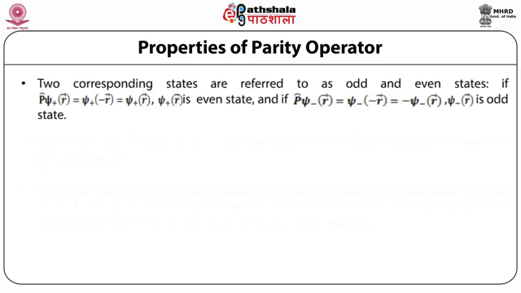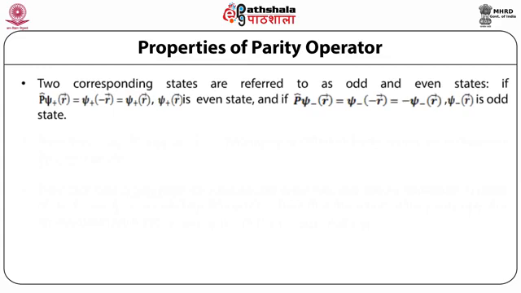So if the parity operator P acts on a wave function psi plus as a function of position vector r and yields the wave function psi plus as a function of position vector minus r, which turns out to be equal to the original wave function, psi plus of r, then psi plus of r is called an even state.